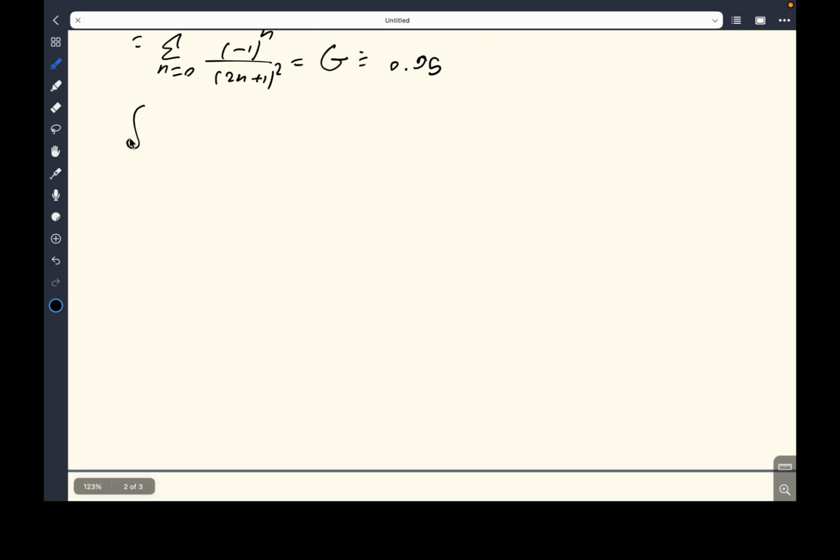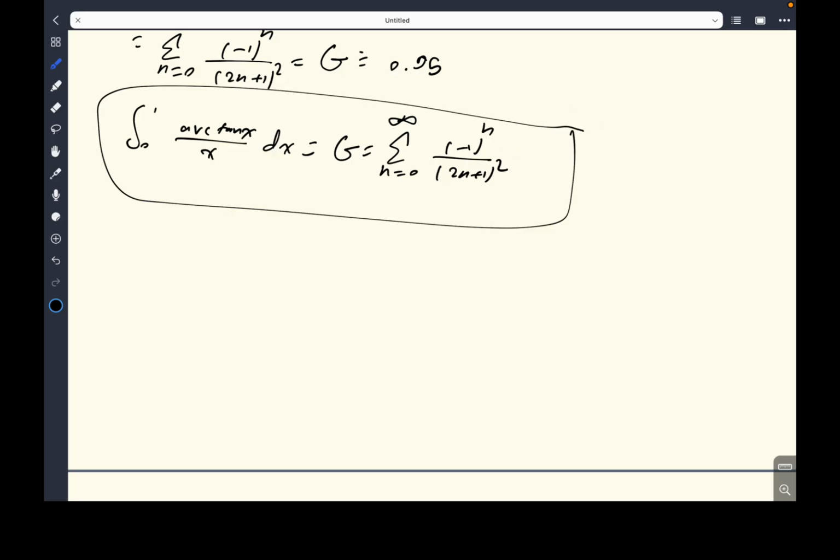So the integral from 0 to 1 of arctan of x over x dx is Catalan's constant, which is exactly equal to the series from n equals 0 to infinity of negative 1 to the n over 2n plus 1 squared. And that is the result of the arctan of x over x integral from 0 to 1, the area under this curve.